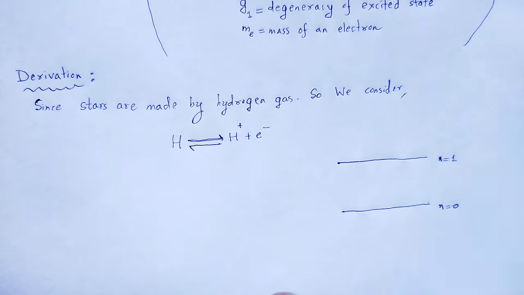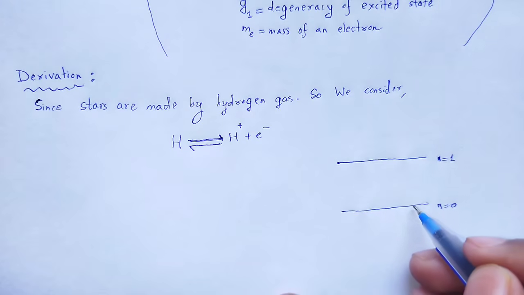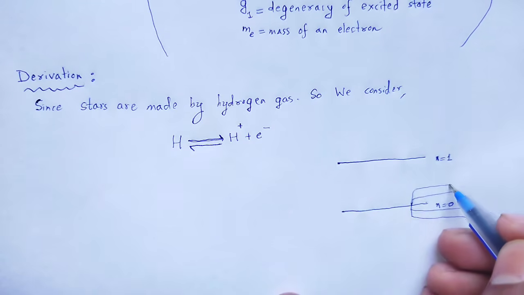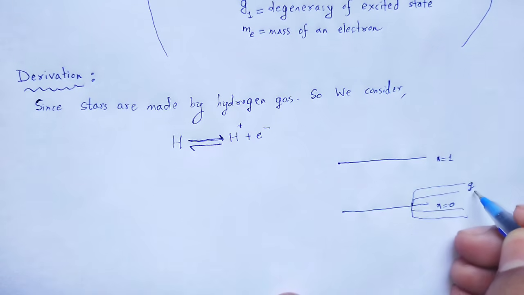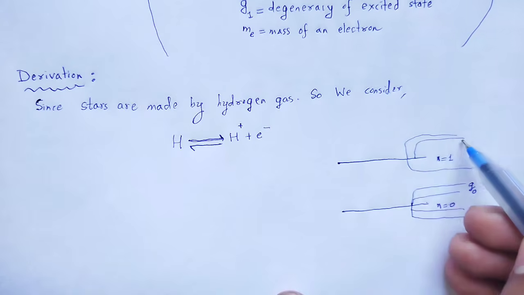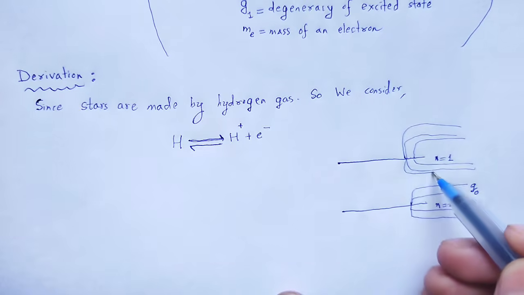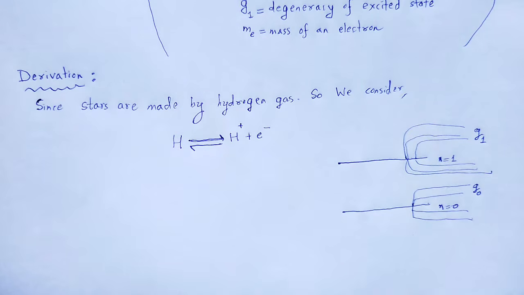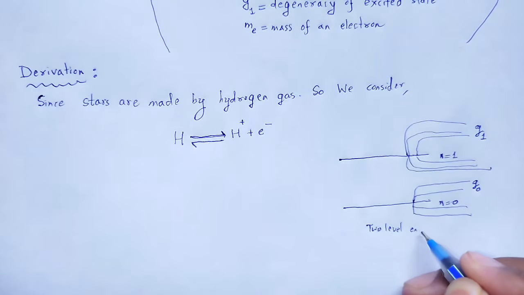Since it is a two energy level system, that ground state again splits into g0 number of degeneracy, and that excited state has the degeneracy g1 number of degeneracy. The two level energy system.